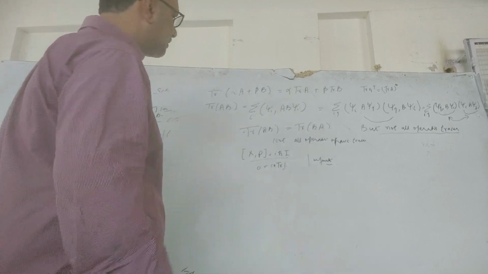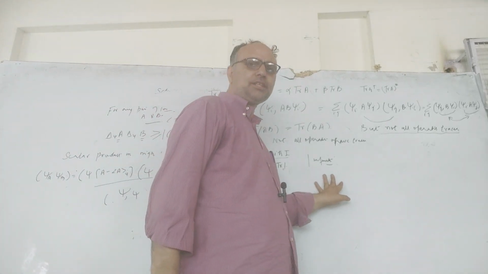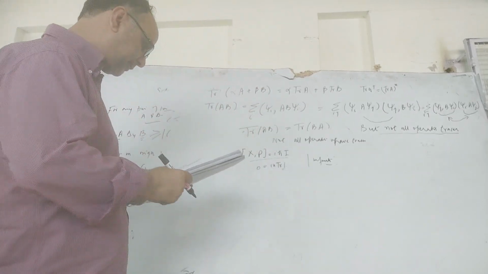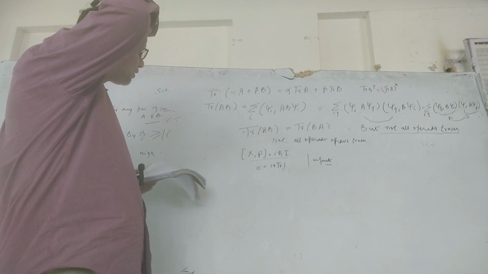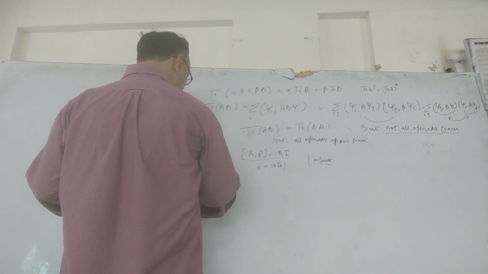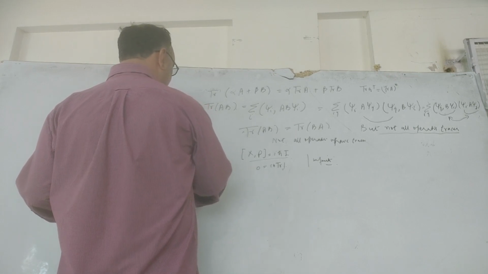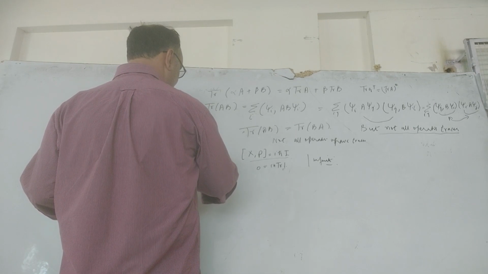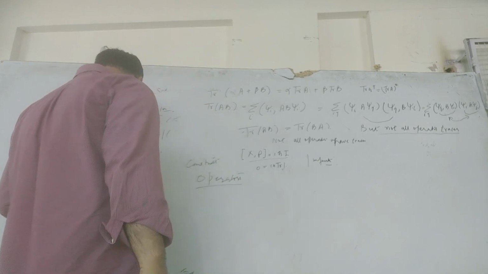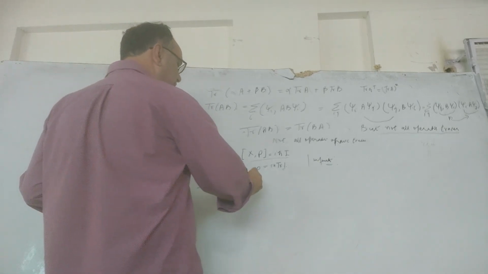So for infinite dimensional Hilbert space, if we take it that way, the traces cannot be defined as such. Now what we can do is construct operators from two state vectors.